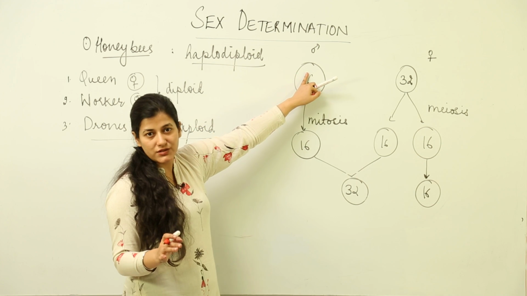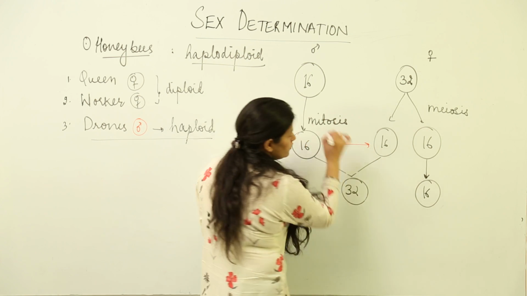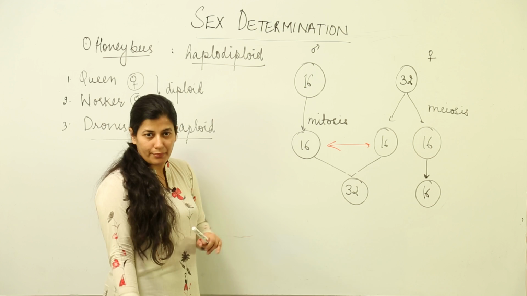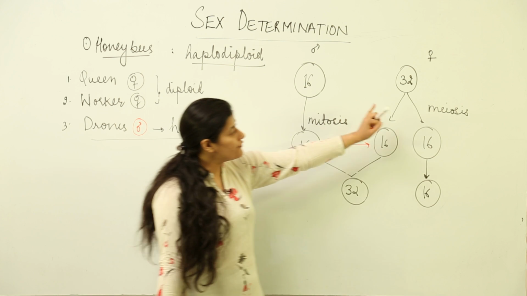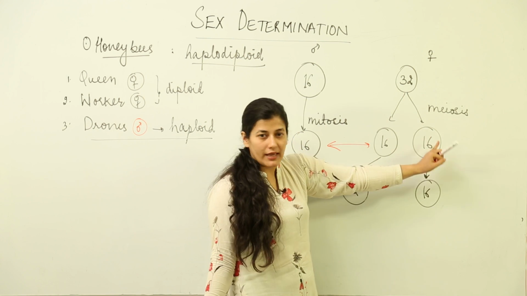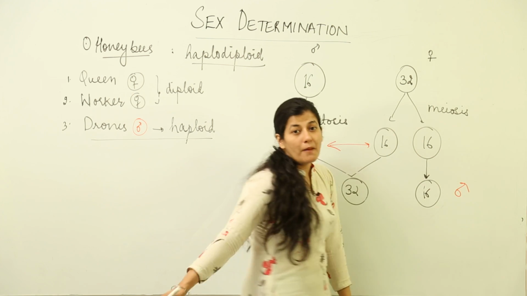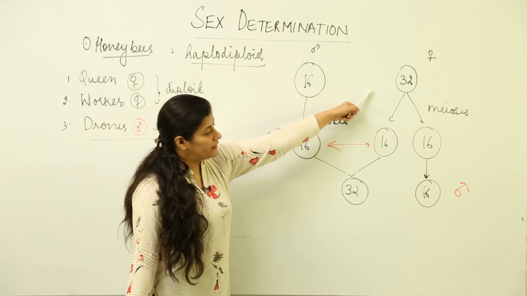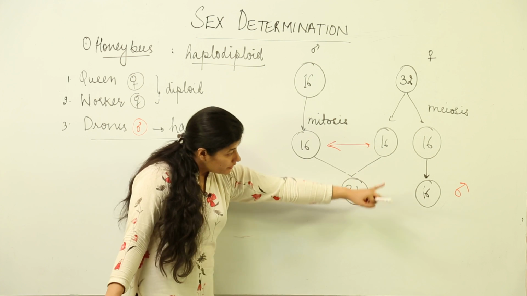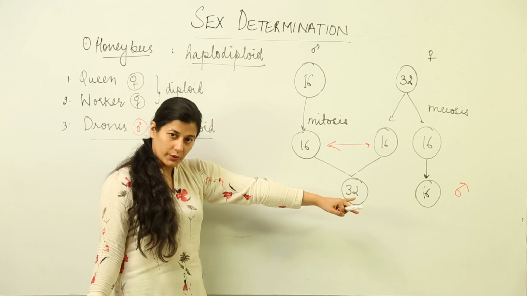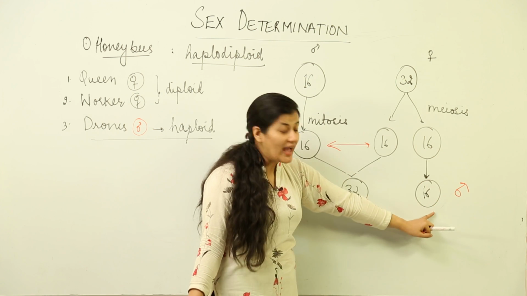Every time the male is forming a gamete, that would give rise to a female, because fertilization is bound to happen. And when fertilization happens, it gives rise to a diploid individual. But at the same time, if meiosis has taken place in the female, it can parthenogenetically give rise to the male. So the male has a mother but no father. The mother is giving rise to a son, it is not having a father, rather it will have a grandfather.